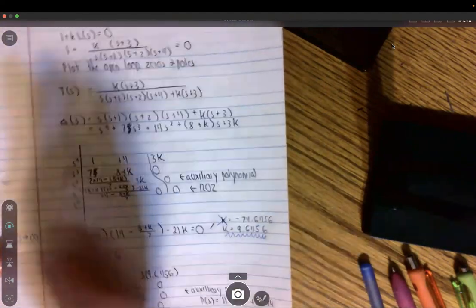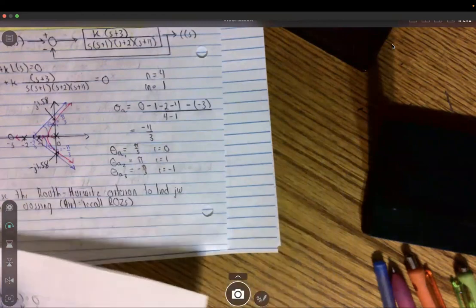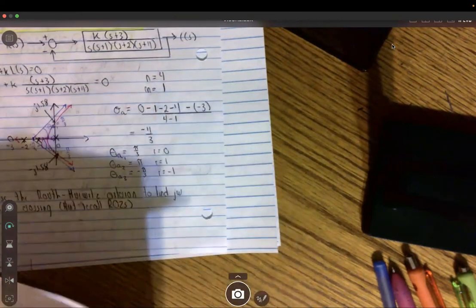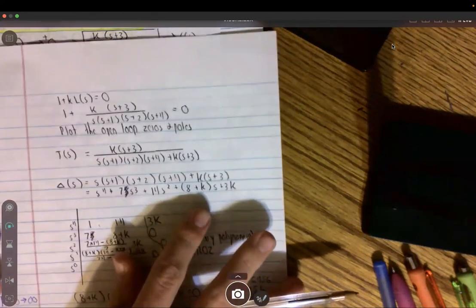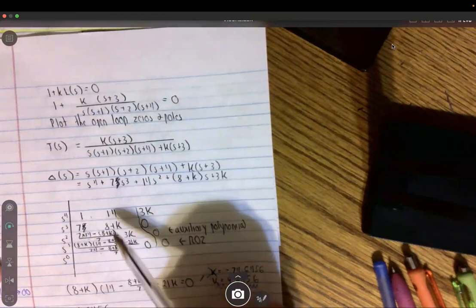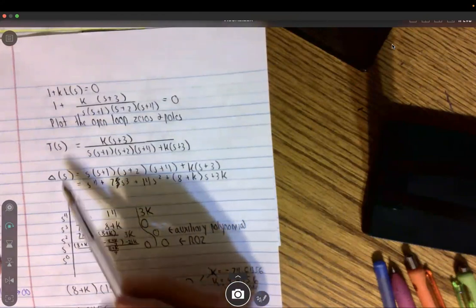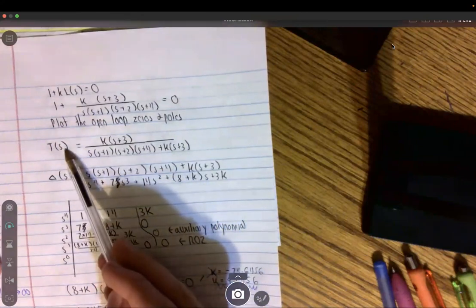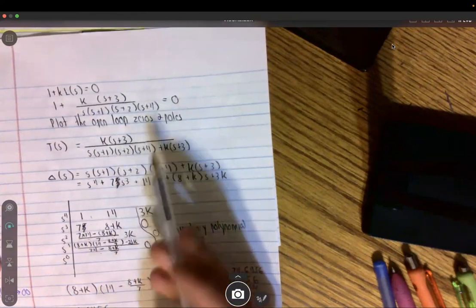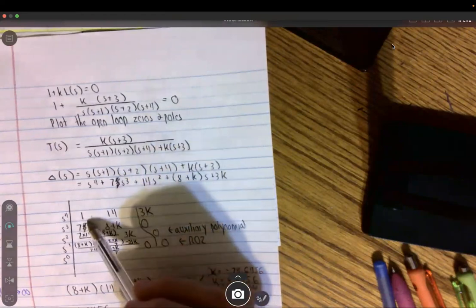So to give a recap, when you do the Routh-Hurwitz criterion to find the j omega axis crossing, you look for your row of zeros. To get the Routh-Hurwitz table, we determine the closed loop transfer function, take its denominator, and plug that into the table.